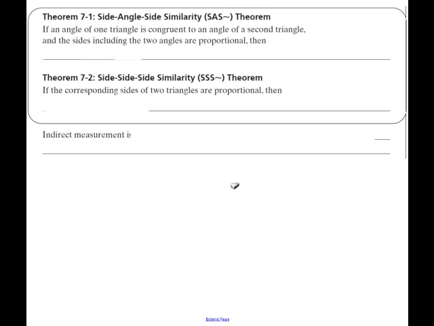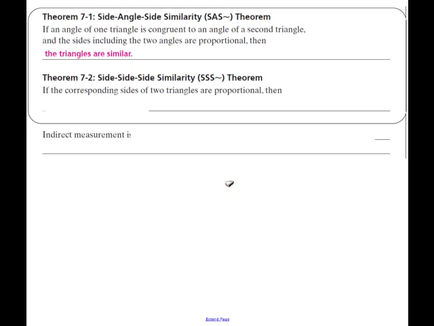And you can probably guess in this case, the angles have to be congruent, but our two sides that make up the angle, instead of being congruent, are just going to be proportional. So if we can show that the two sides are proportional to the corresponding sides on another triangle and the angle that they make is congruent, then we can say that those two triangles are similar. And we'll see some examples of that later.